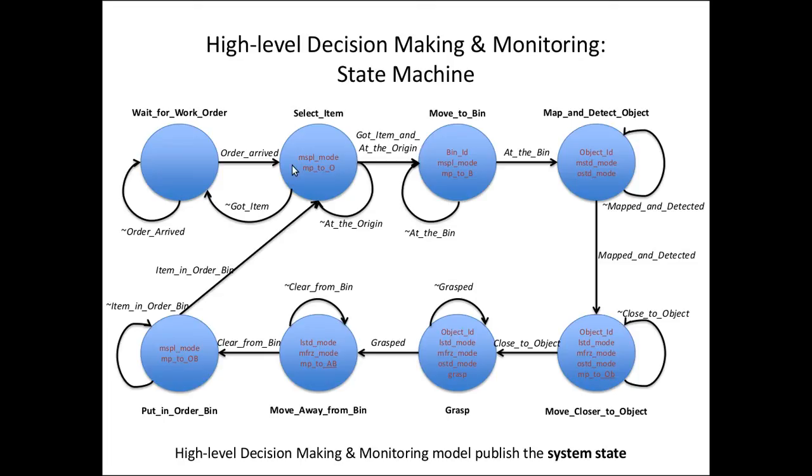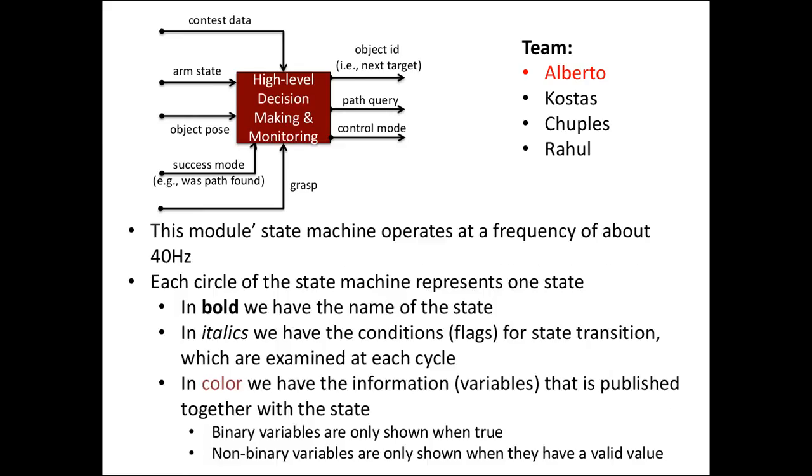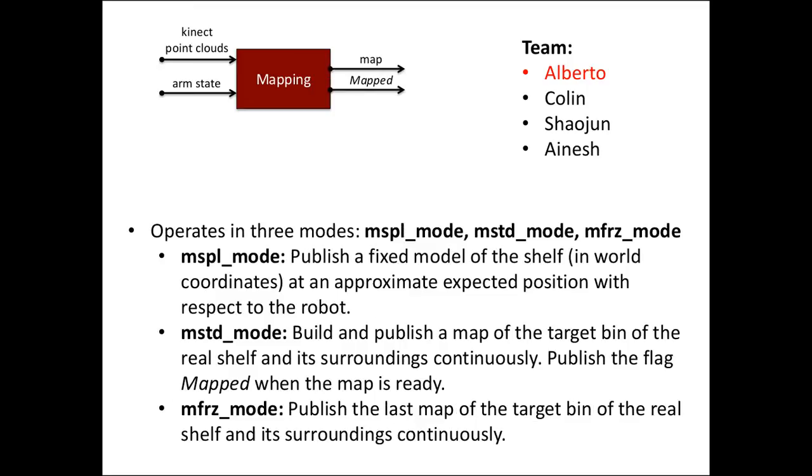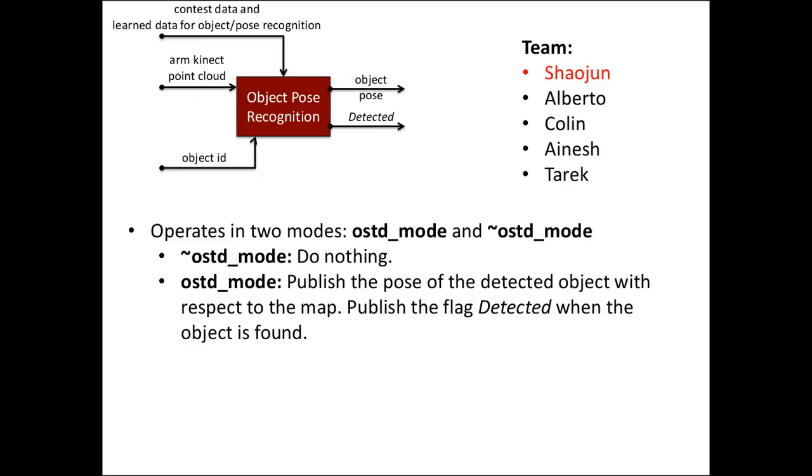And finally, when it goes back to this stage where I'm going to pick up another item, I'm still in the simple mode, where it publishes one old version or one complete version of the shelf that will allow the system to avoid collisions with it.